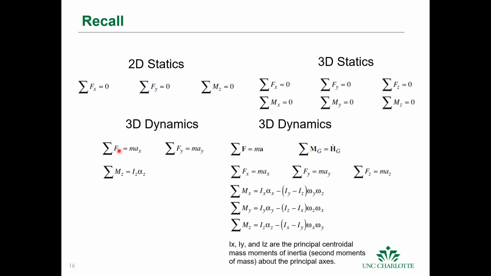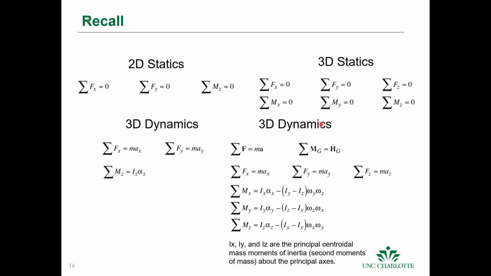Okay, and then we have in 2 dimensions the sum of moments about z is equal to Iz alpha, where Iz is the principal centroidal mass moment of inertia, or the second moment of mass, and alpha is the angular acceleration in radians per second squared.